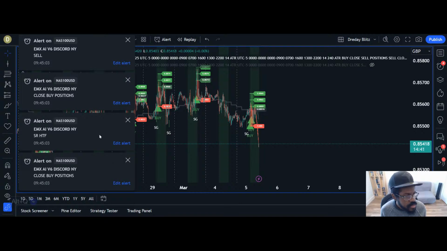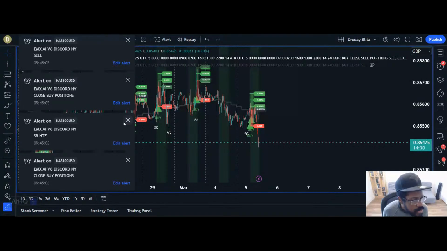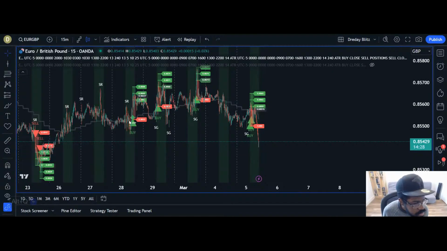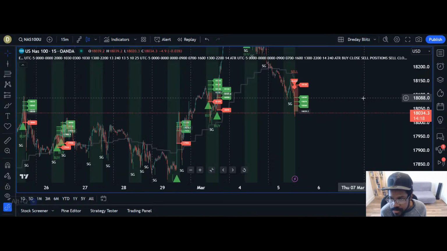I'm just gonna see the news. So we have a switch to red. Yeah, that's what we were waiting for yesterday for Nasdaq. So Nasdaq is switching red on the 15 officially. Let's see. I was just talking about Nasdaq a few minutes ago.